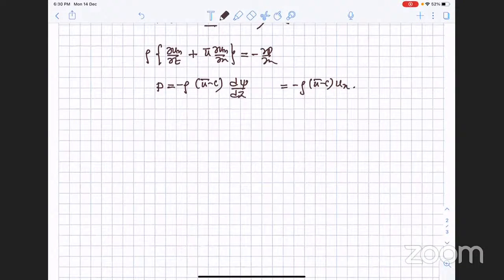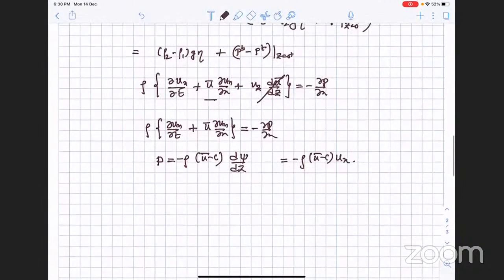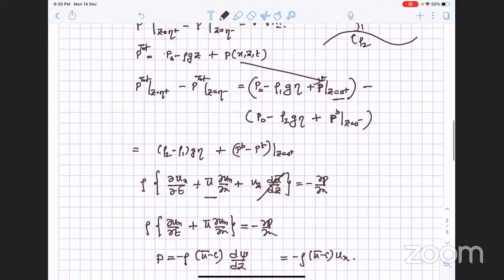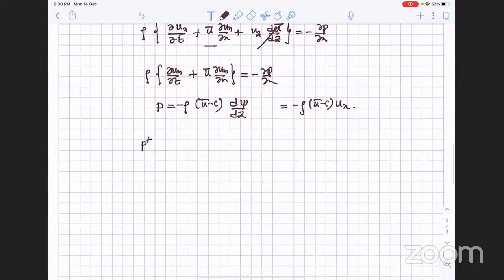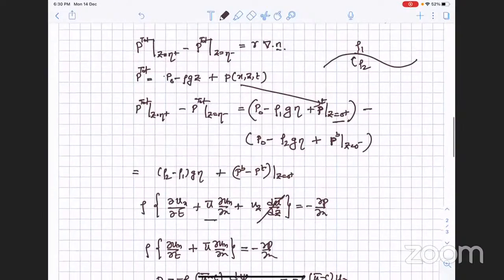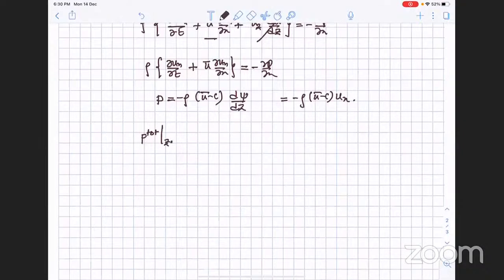So if I now go back into my previous equation, the jump in the total pressure, I had P tot at z equals eta minus.